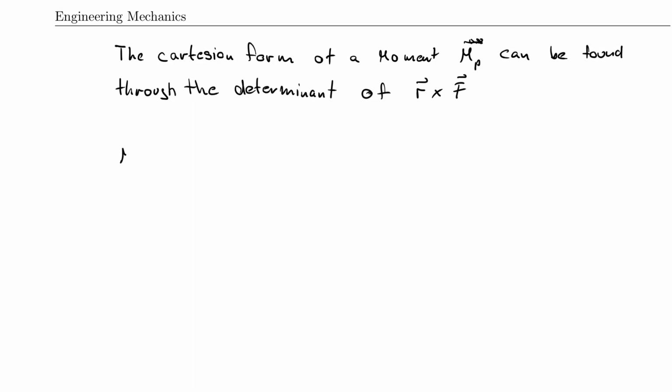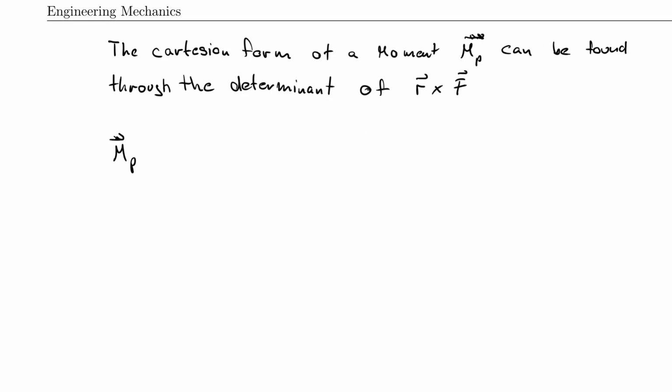So the first thing I write down is that my moment about point P is equal to R cross F. And now how do I find the determinant of two vectors? In the classroom, we could play this game for some time and throw in different opinions of what is easier.